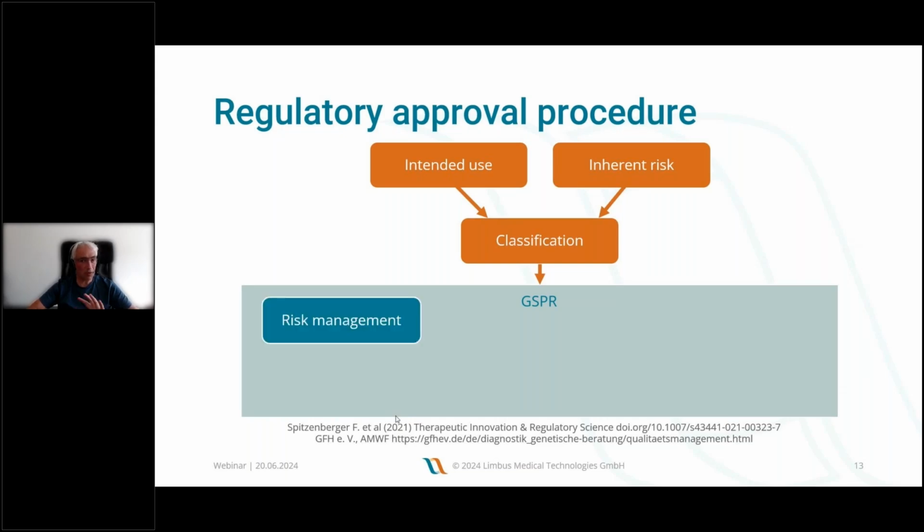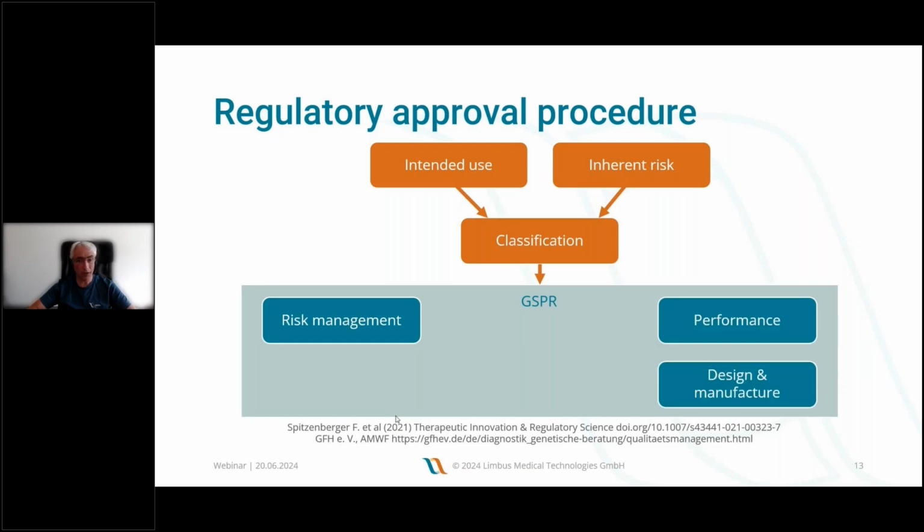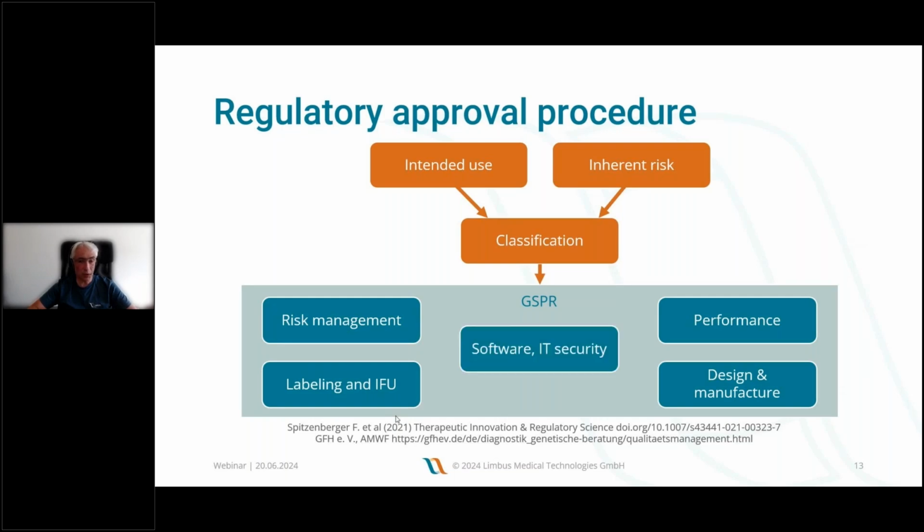And remember, these requirements are rather comprehensive. They comprise requirements regarding risk management of your in-house test or performance evaluation, specific requirements regarding design and manufacture, labeling, and instructions for use. And if software is part of your in-house test, there are requirements regarding software and IT security.